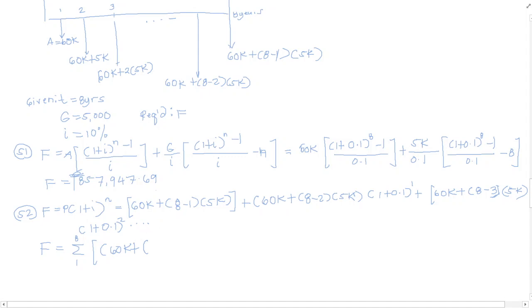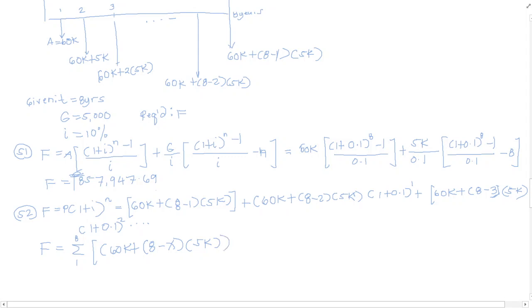Let us denote there, since this one is increasing and this one is ascending, that is 60k plus 8, the nth year, minus x, from 1 to 8, multiplied by 5k, which is the gradient.